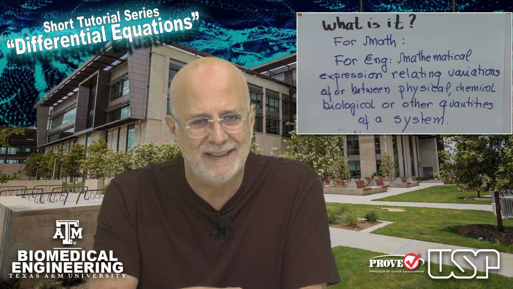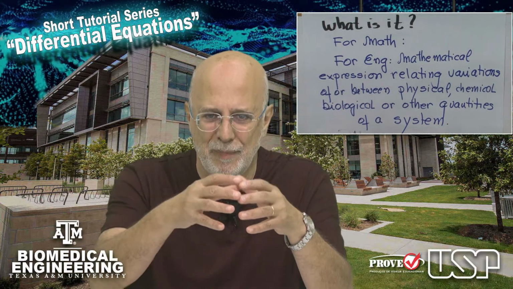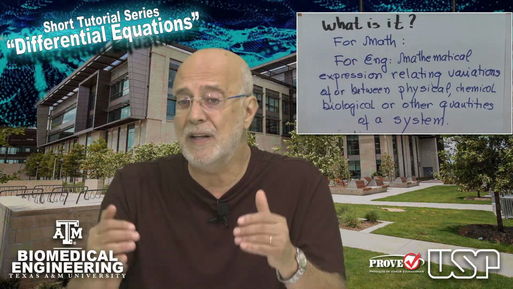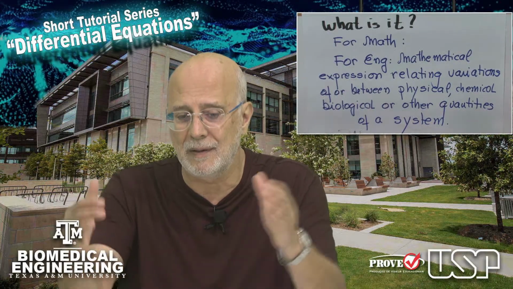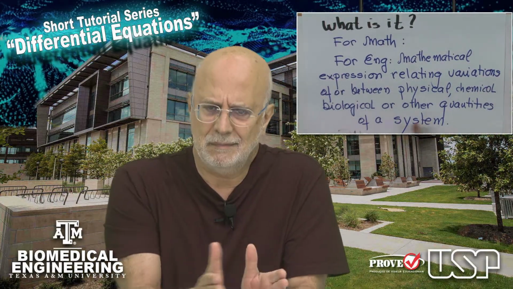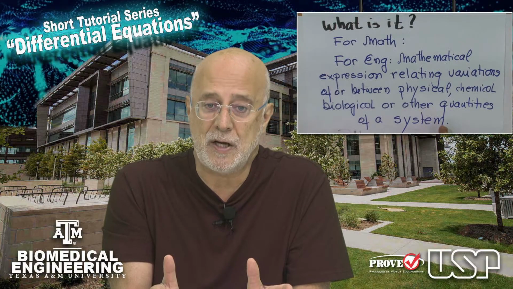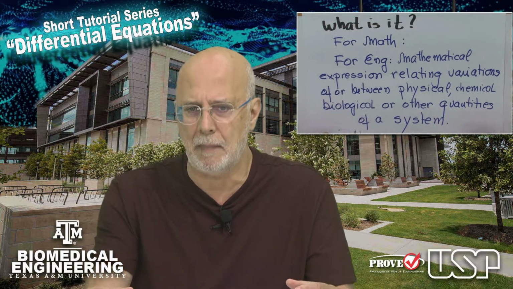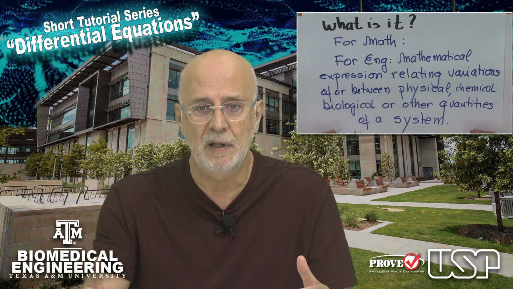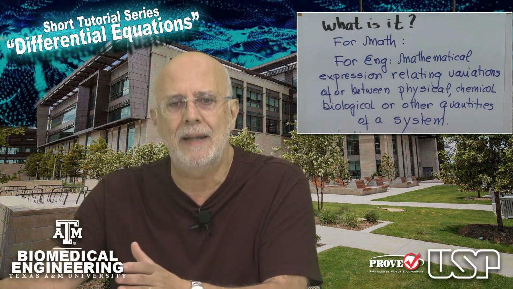How do you do that? You do it by putting together a differential equation that takes everything that I said to you that is important in this expression. So for us, a differential equation is a way to express mathematically a variation of quantities that we are interested in, and that depends on many things.